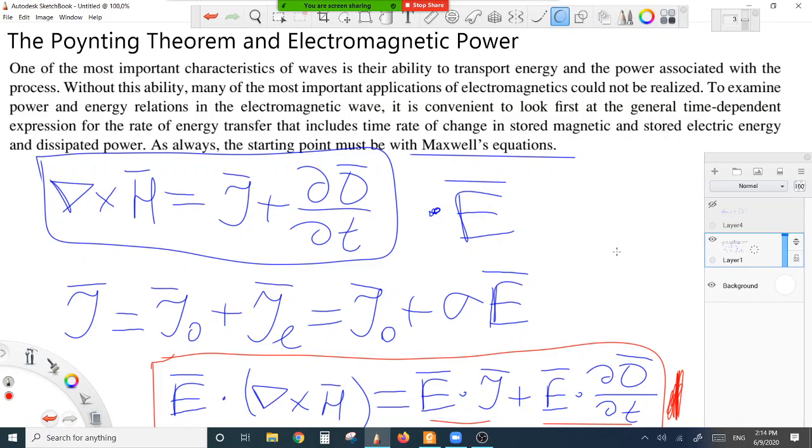Before integrating, let's do some manipulations with the left hand side of the equation.